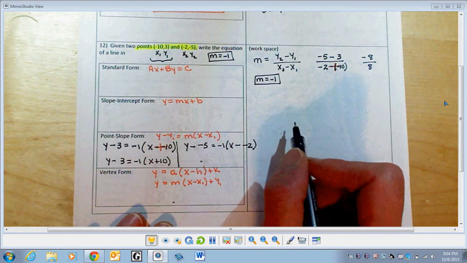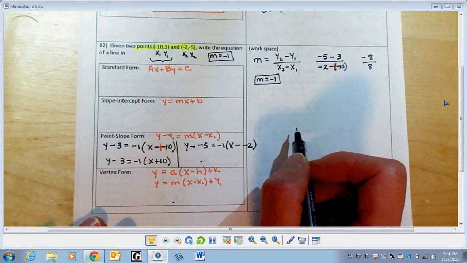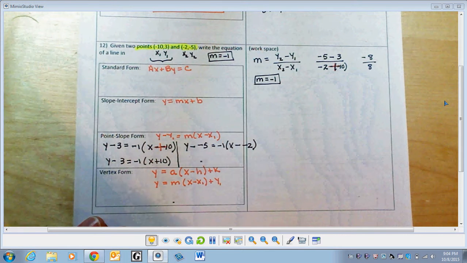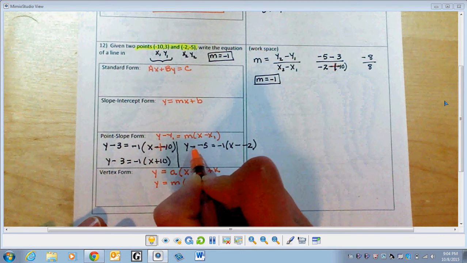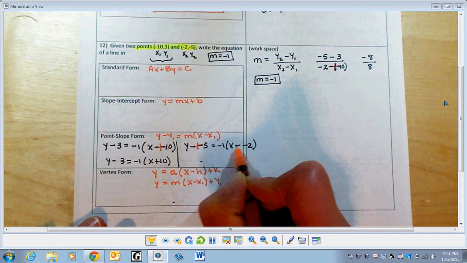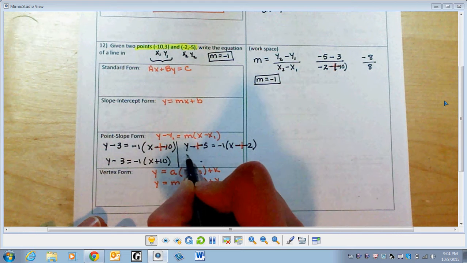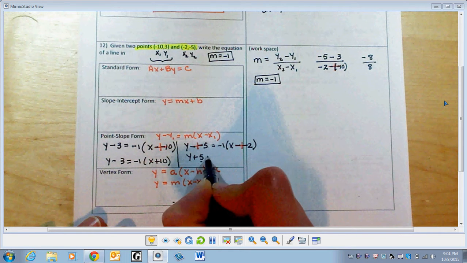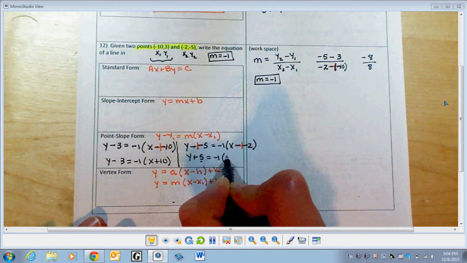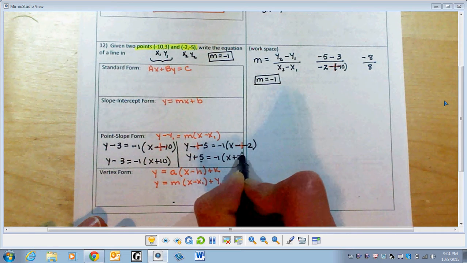Okay, so just like the other side over here, I have a minus minus, that becomes a plus, a minus minus, that becomes a plus. So that gives me y plus 5 is equal to negative 1 times x plus 2.